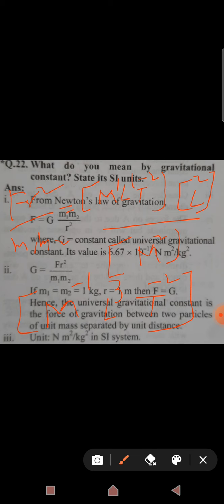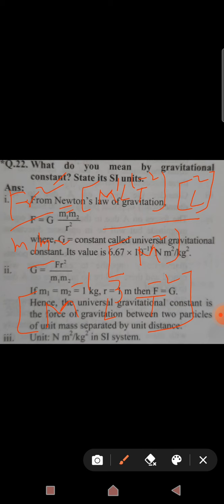For that purpose, we write the formula G is equal to F r square upon m1 m2. F is a force, whose dimensions are 1 in mass, 1 in length, and minus 2 in time. Then I have taken the dimension of r square, that is L square, and m1 m2 means m square, and I have calculated it. So minus 1 in mass, 3 in length, and minus 2 in time.